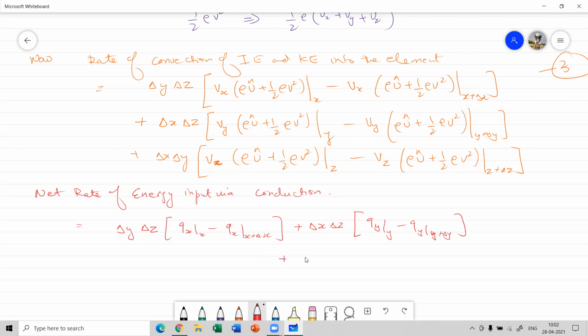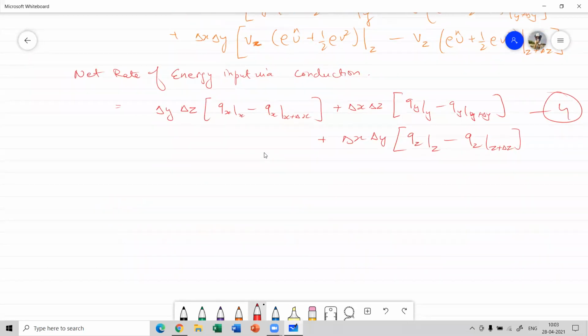And in the z direction, delta x into delta y into qz at z minus qz at z plus delta z. That's equation number 4, the rate of energy input via conduction.